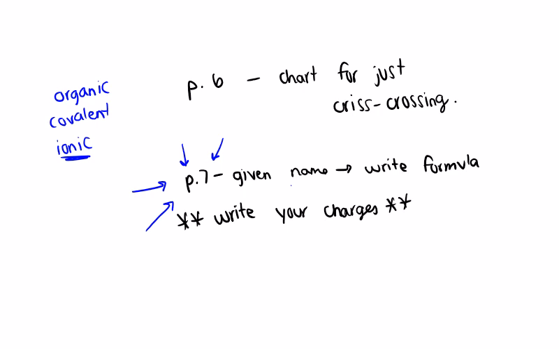And I think there's also more. Yeah, so even on page 11, you can do the bottom of page 11, 11 through 20, if you need even more practice with crisscrossing and writing formulas for ionic compounds.